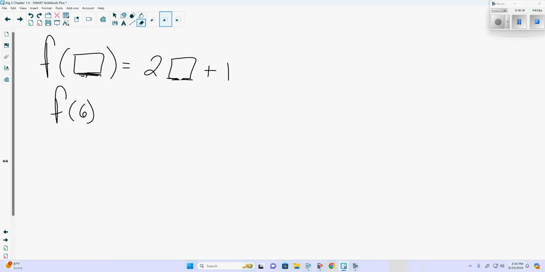Whatever I do to this here, we have to do it to every one that shows up on the other side. Does that make sense? Because it could be x squared minus 7x. So all the other ones would have x squared minus 7x. Doesn't matter how long or simple. When it shows up in one, it's going to show up in the rest. When we replace one, we replace the rest. And that's all it is.